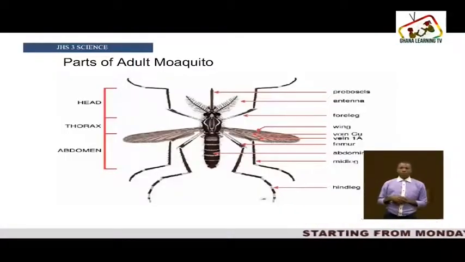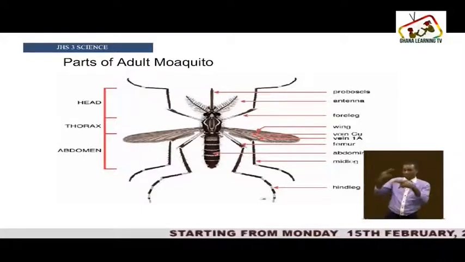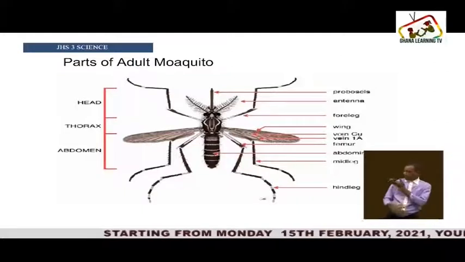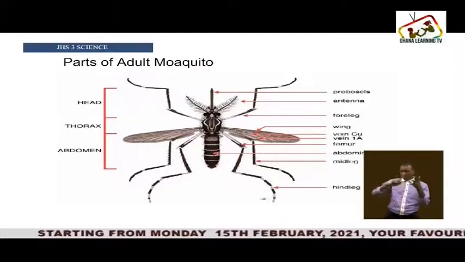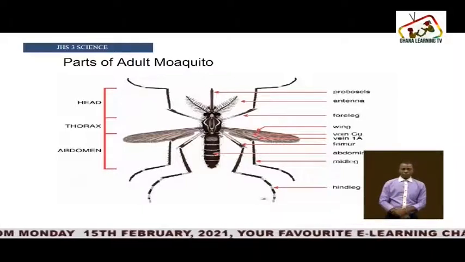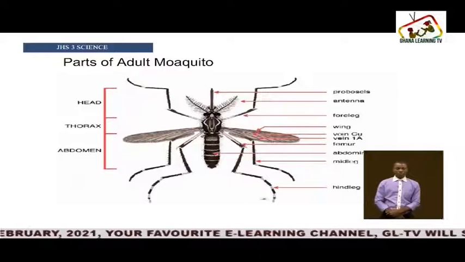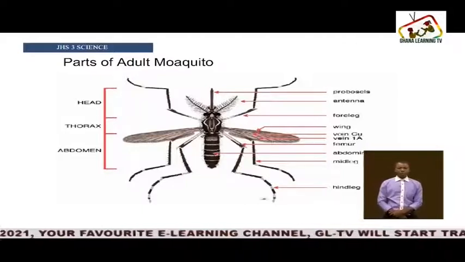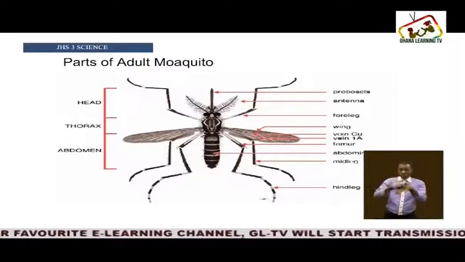This is the adult mosquito. And the parts are proboscis, antennae, head, thorax, wings, legs, 6 of them, and abdomen.